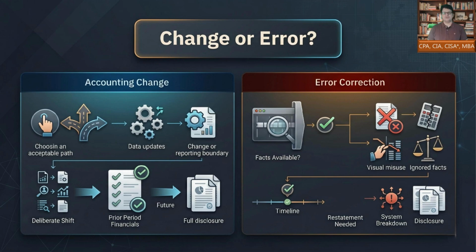Error correction is different. It means the prior period financial statements contained a mistake. Maybe data was available but ignored. Maybe a formula was wrong. Maybe GAAP was misapplied. That is why we should not casually call every change a correction. If the past was valid, it is a change. If the past was wrong, it may be an error.